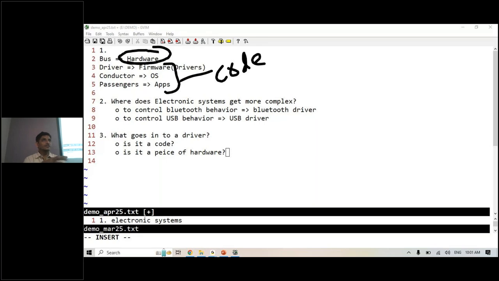Now he has to ask, what is it that I want to control? Do I want to control USB? Then he has to develop a USB driver. If I have to develop a Bluetooth driver, or for an SSD, then I have to develop an SSD driver.